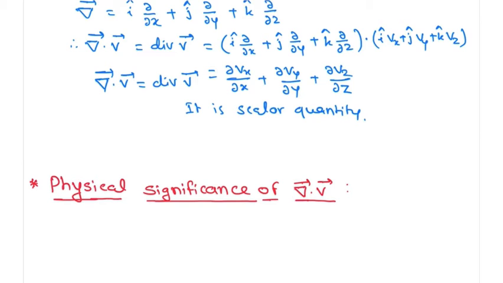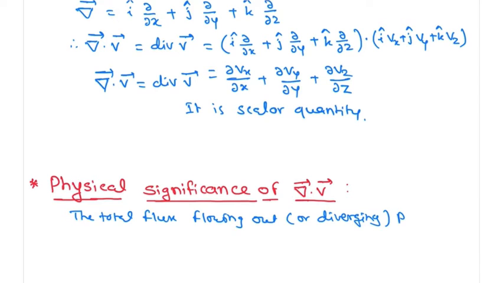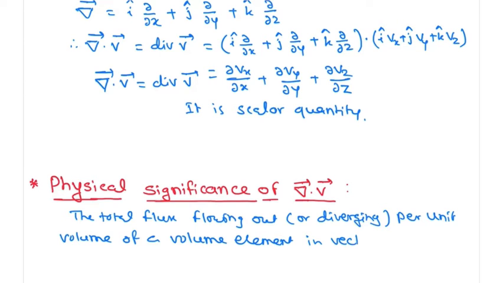It gives the total flux flowing out, or we say diverging, per unit volume of a volume element in vector field region.